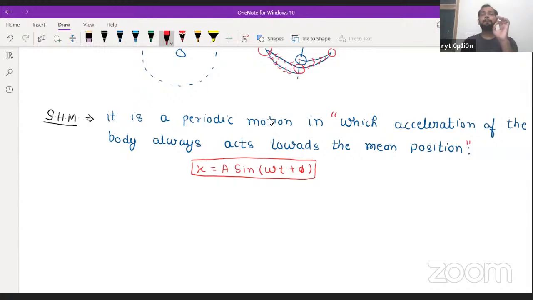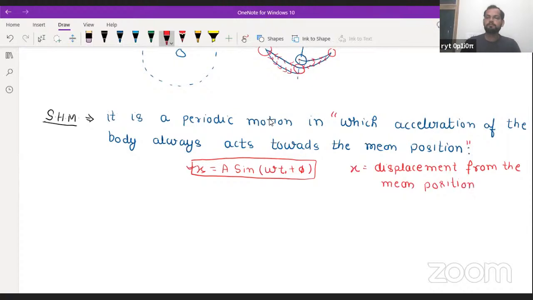If at any instant of time you want to know the displacement of the system from the mean position, x denotes the position or the displacement from the mean position. And t represents the time.